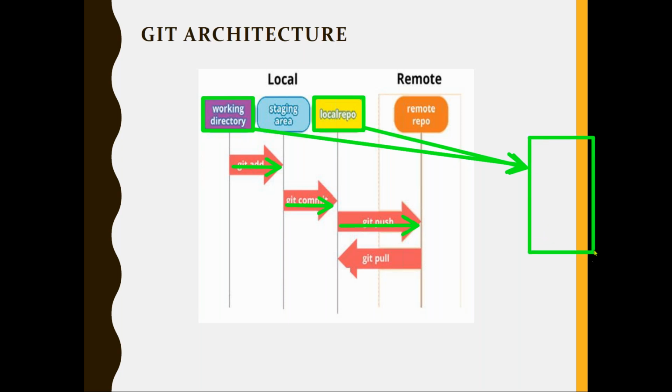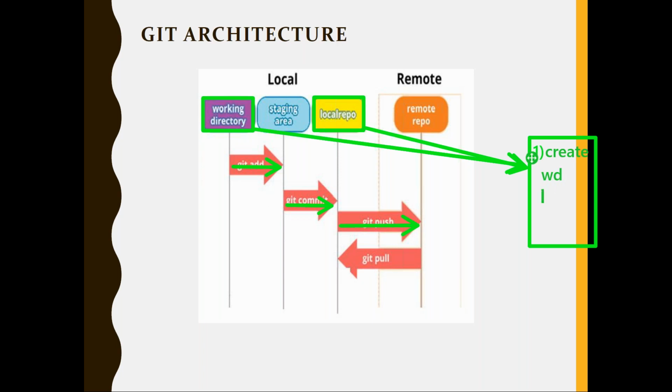See, it's one and the same. There are not two directories, only one and the same directory. Then how come you say working directory? Logically they are different. Suppose you just created a file here and left it, that's all. Then we say it's in the working directory.